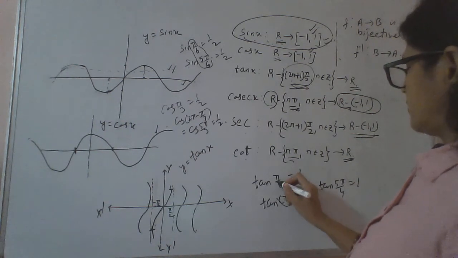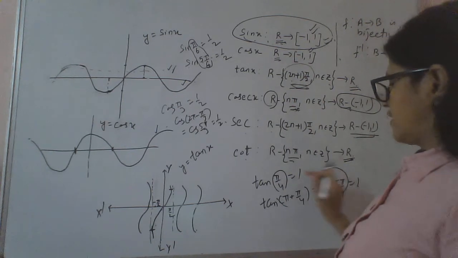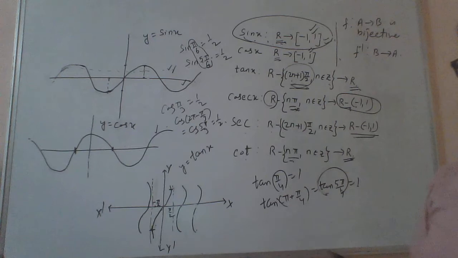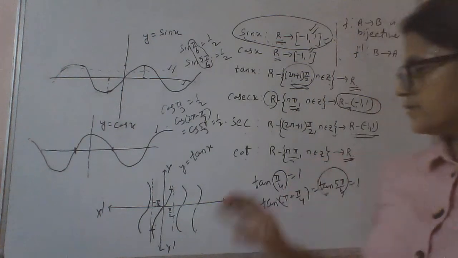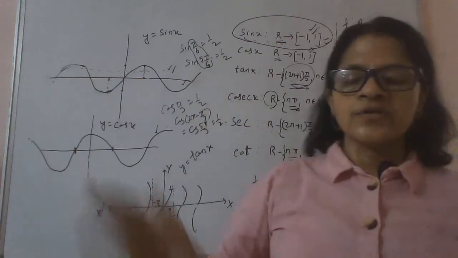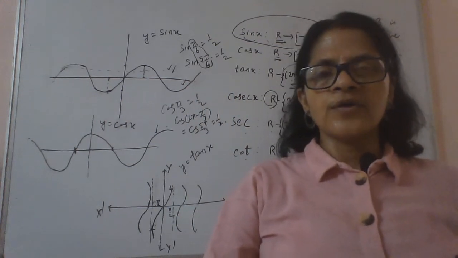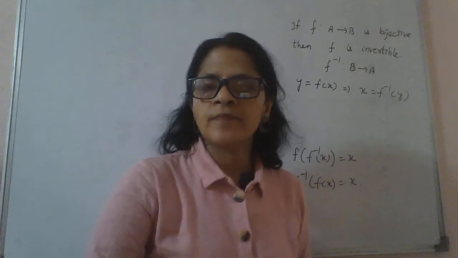So again for more than one value of x, tan x has the same value. You can take many other similar cases. So basically none of the trig functions are bijective. Here the conclusion is that none of the trig functions are bijective.